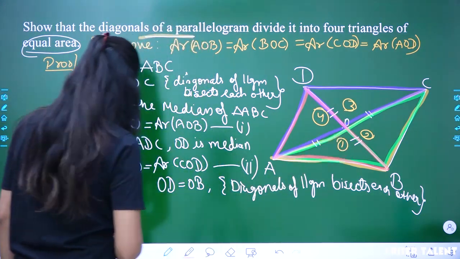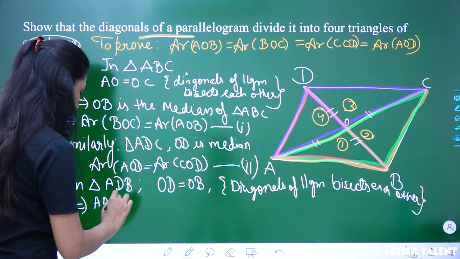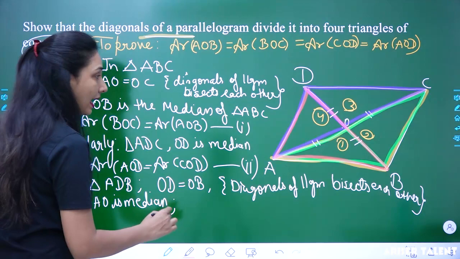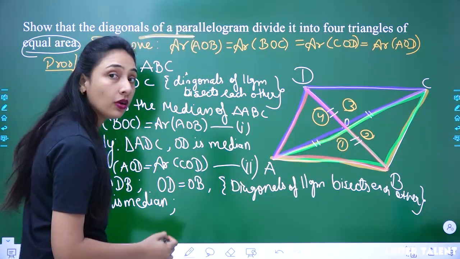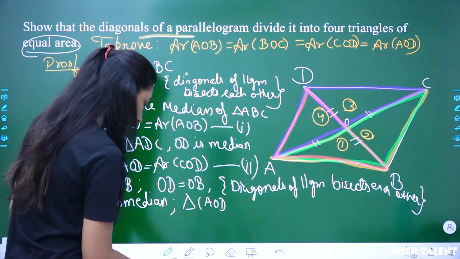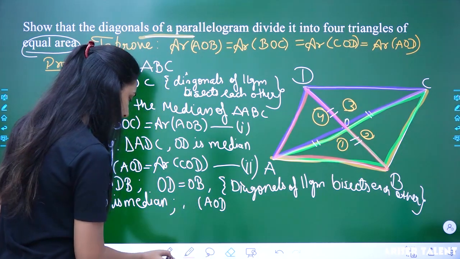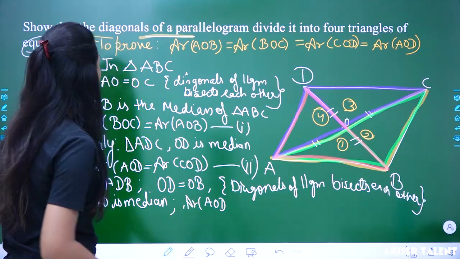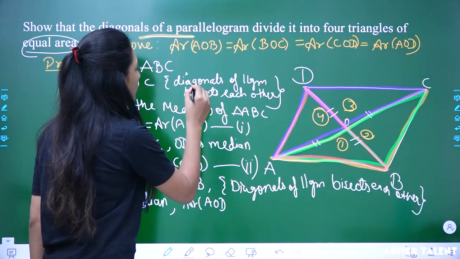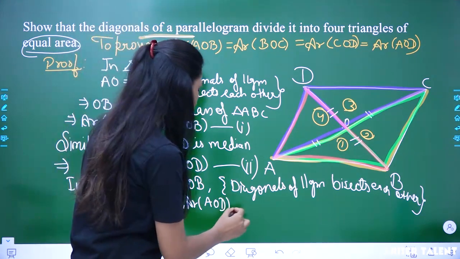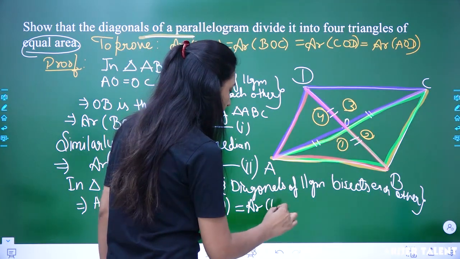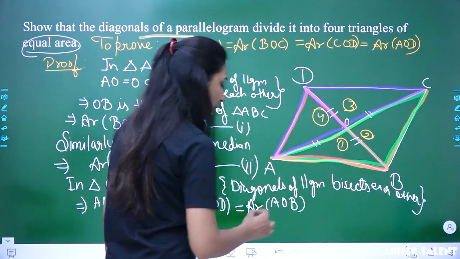This implies that AO is the median, and by this, AO being the median, we have area of triangle AOD is equal to area of triangle AOB, right?